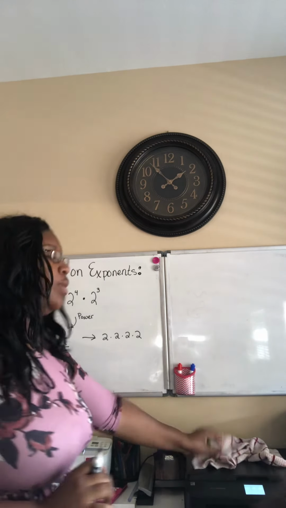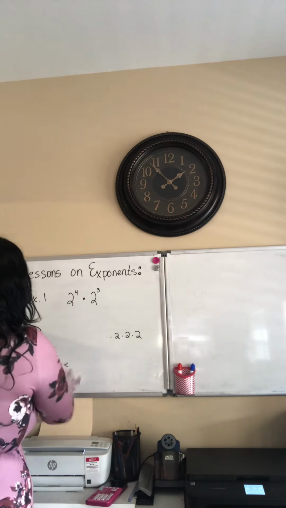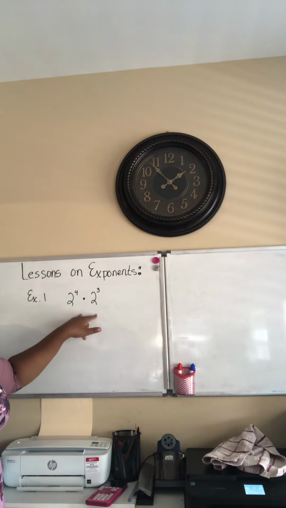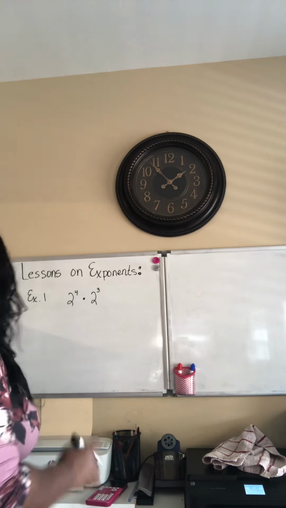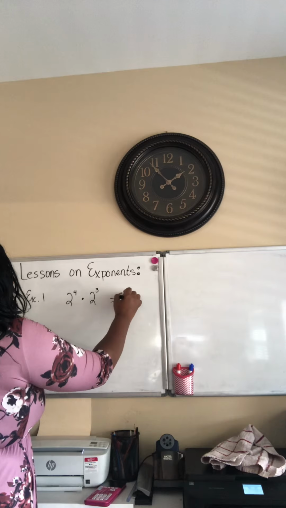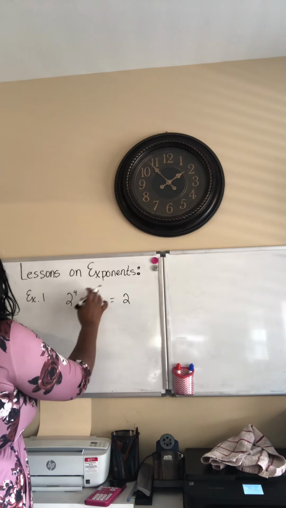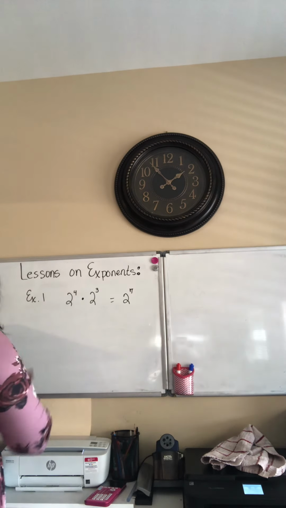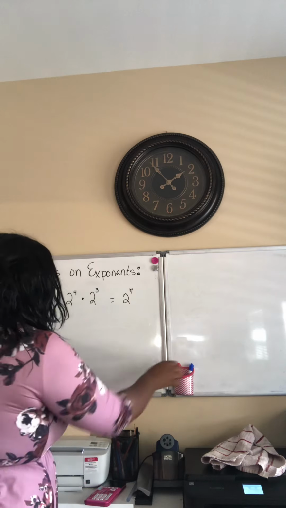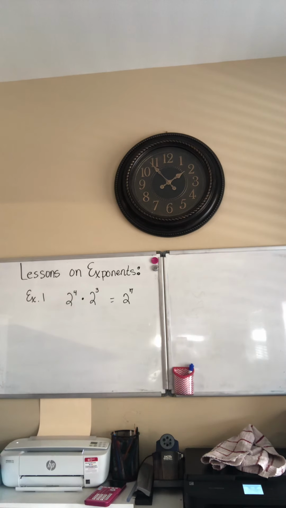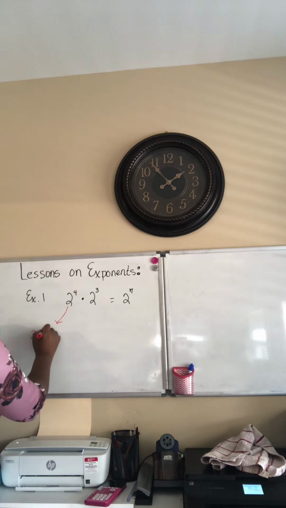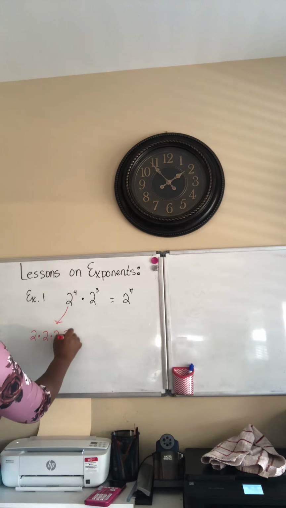Now, when we're multiplying exponents, the base has to be the same. Okay, you cannot multiply this if the base is not the same. So we leave the base the same, and we add the powers. So this becomes 7. Now let's see how that will work. So we know that this one will translate to 2 times 2 times 2 times 2.